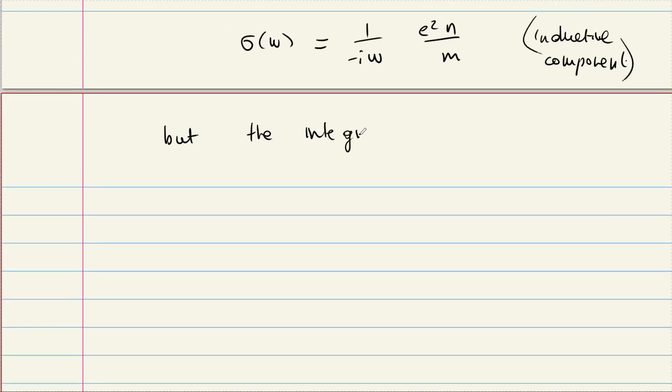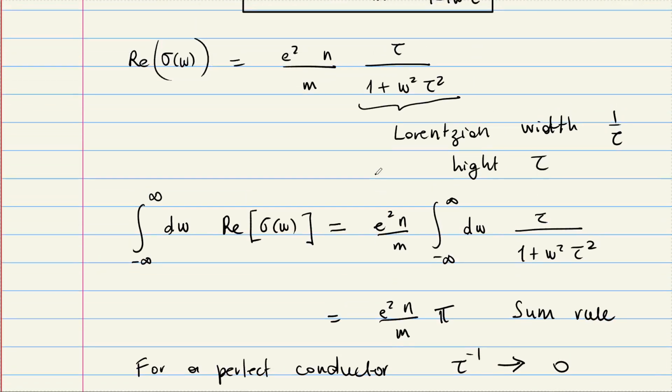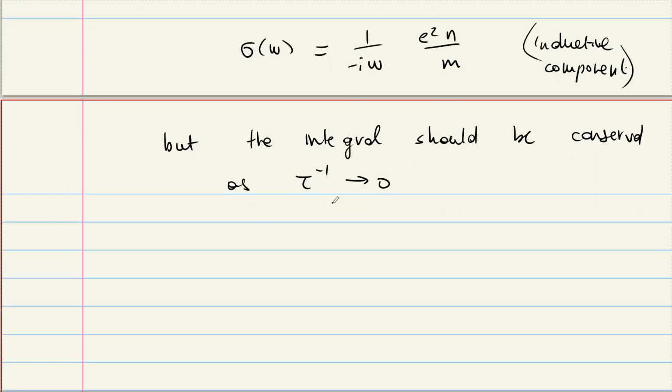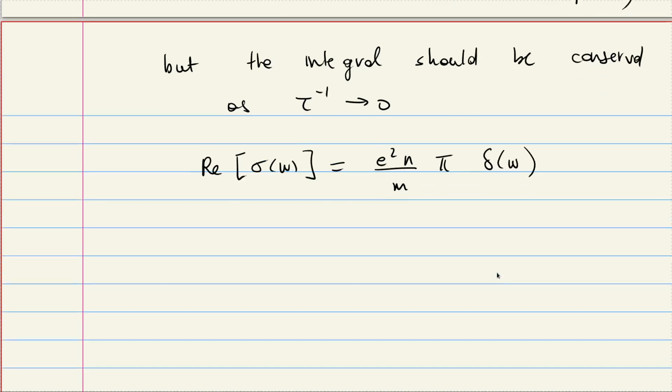The integral should be conserved as tau inverse goes to 0, and you can see as tau inverse goes to 0, this thing is going to go to a Dirac delta, and from here we conclude that real sigma of omega should be e squared n over m pi delta of omega. It's 0 everywhere, but there is a Dirac delta component. So this is a result.